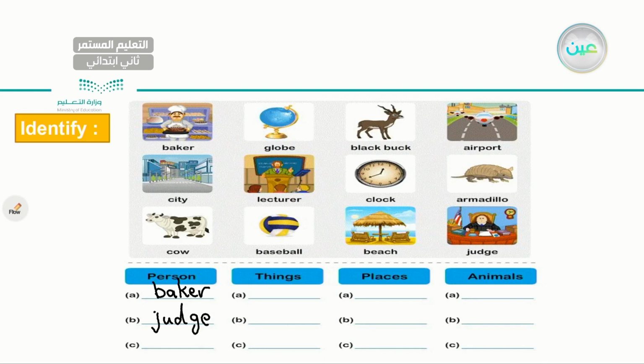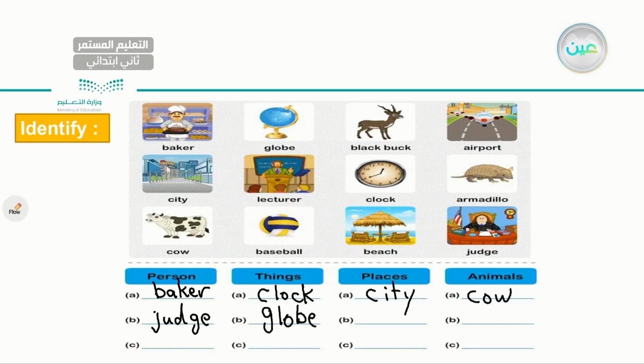We might say clock, maybe globe. Also, we have the baseball. How about the places? Excellent. City. We might also use the airport. And animals, actually, I have cow, armadillo, and that deer.